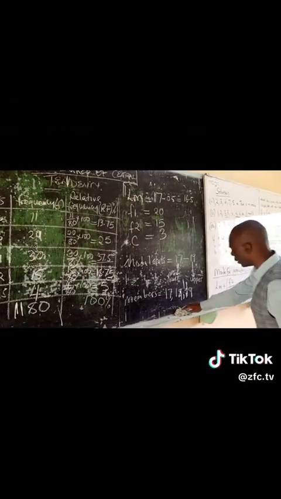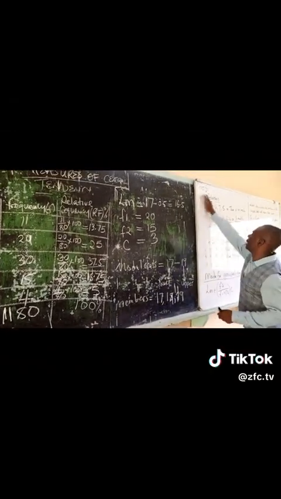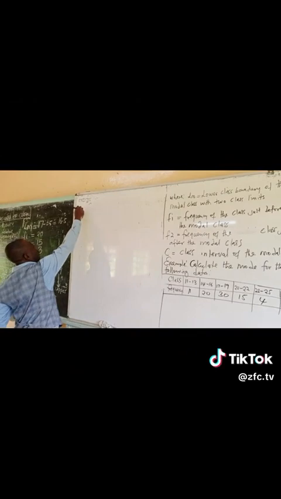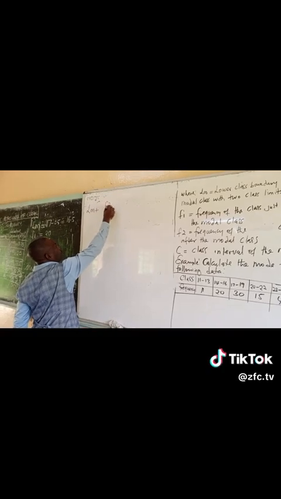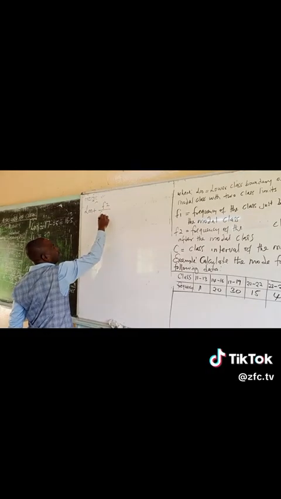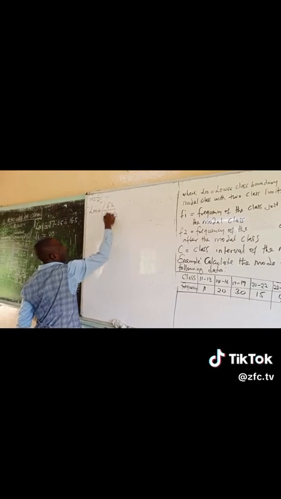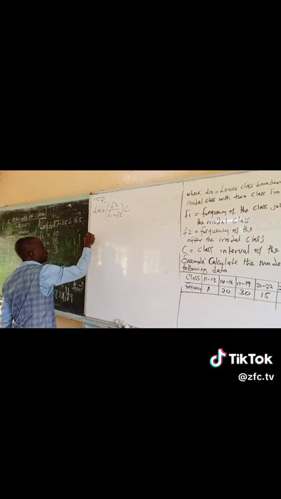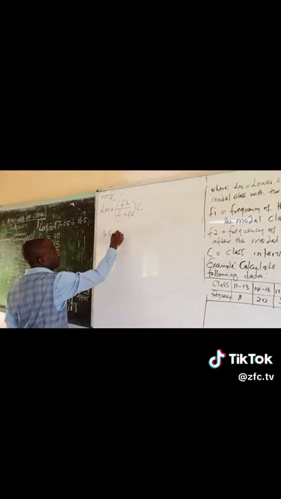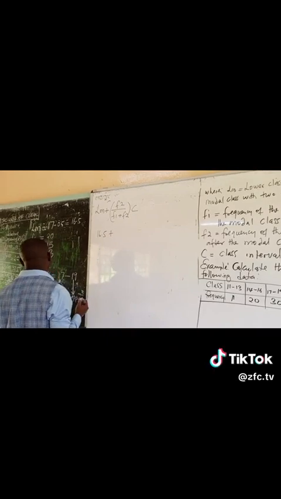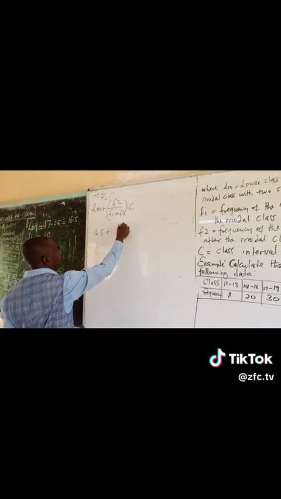So let's put that in the formula. The formula says LM plus F2 over F1 plus F2, in brackets, times C. LM we know is 16.5, plus F2, which we have been told is 15, so we put 15 on top.